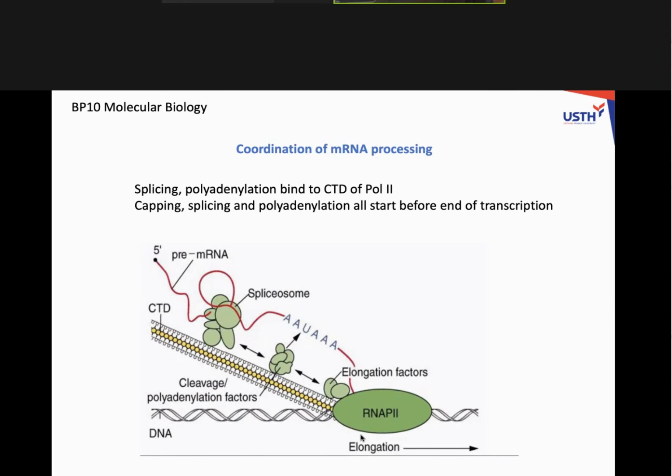So all those processes are happening at the same time during transcription elongation. So this is just a summary of that.